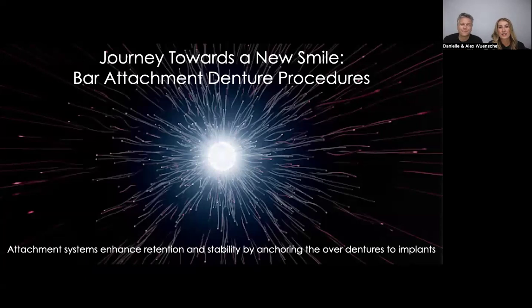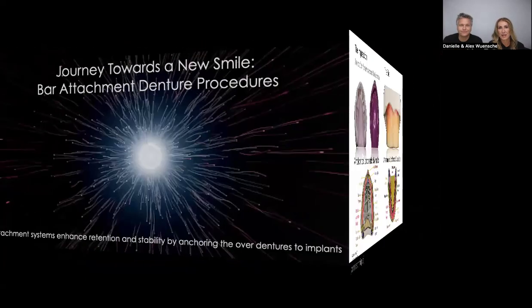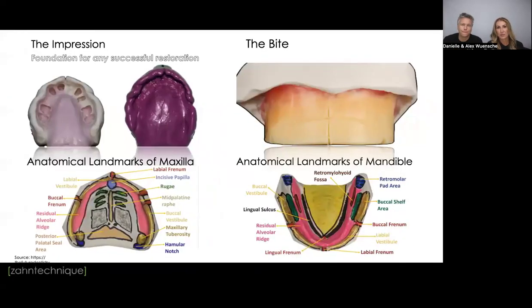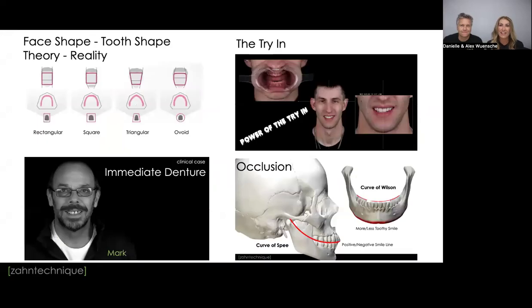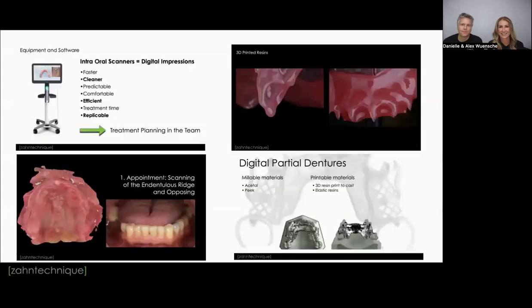First, we're going to recap the previous modules that we talked about in previous sessions. The topics were impression taking and creating successful landmarks for a really good final restoration. We then also covered establishing VDO and occlusion, teeth shape, teeth shades, and the importance of the try-in. In the following module, we covered digital dentistry and digital equipment.